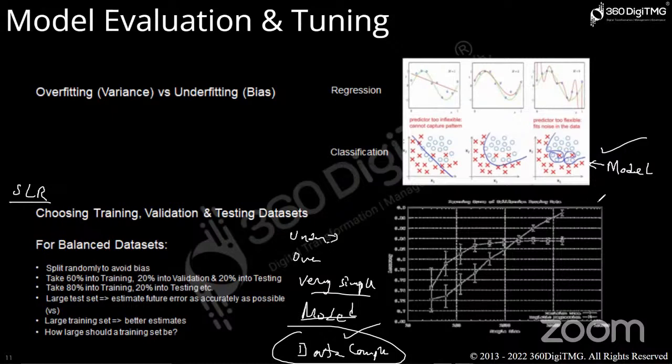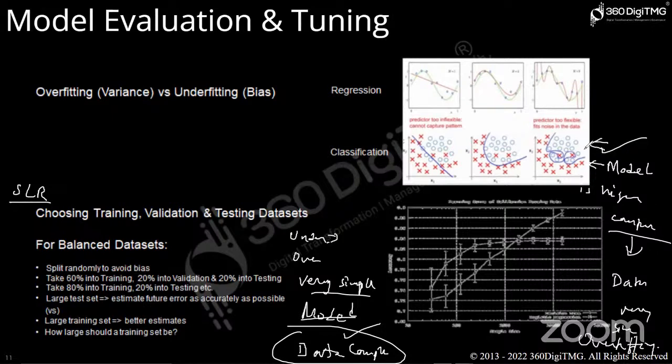The model is of higher complexity, but the data is very simple. So what happens here? Here the problem is overfitting. It causes an overfitting problem. So these are the three models.